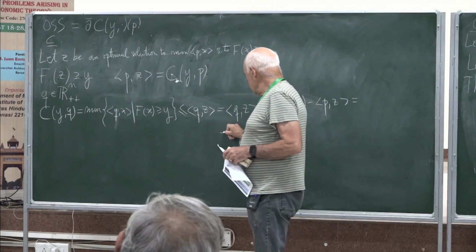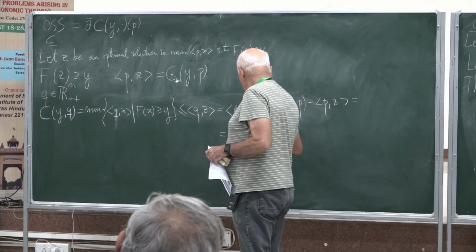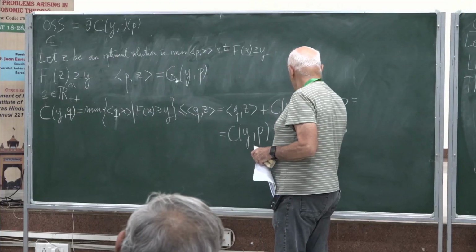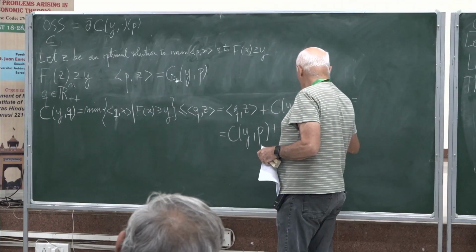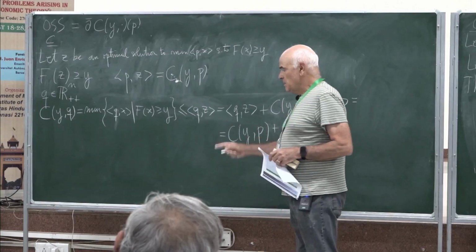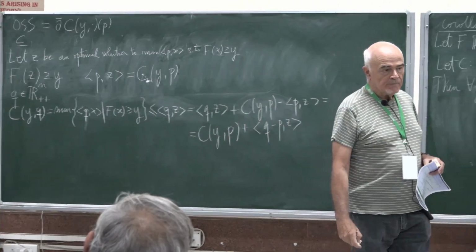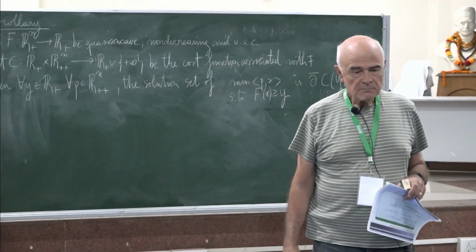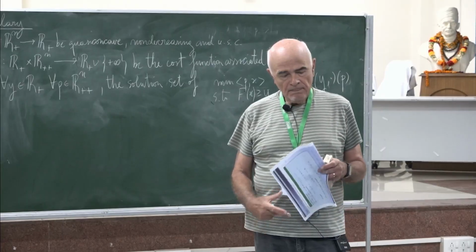Because this is C of y, p plus the inner product of q minus p and z. Because this holds for every q, z is a supergradient. Do you agree?